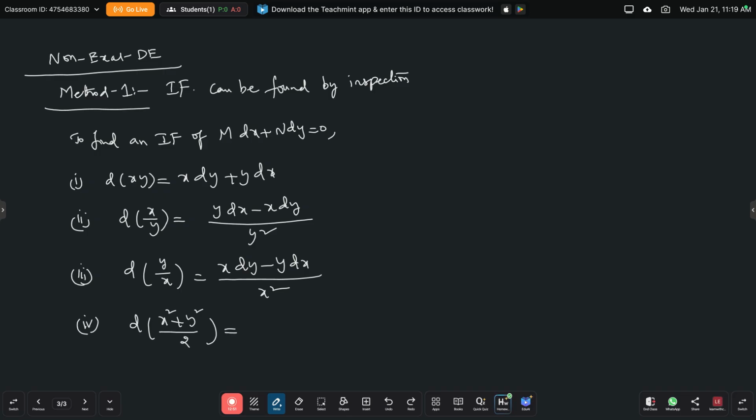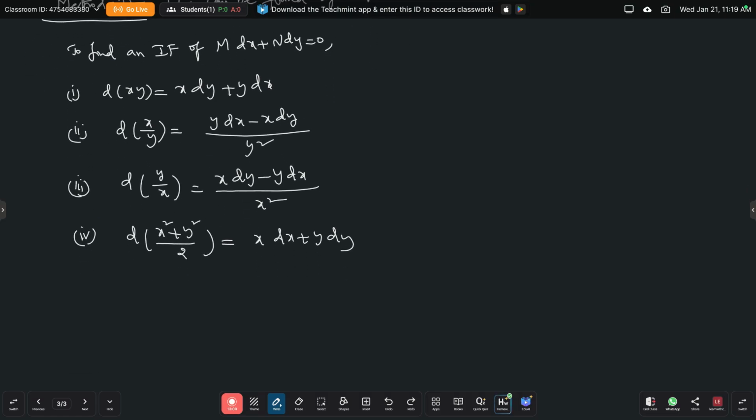If you want to calculate the left hand side, when you observe, x square derivative is 2x, y square derivative is 2y. Yes or no? So 2 and 2 will get cancelled. So if this is the term that exists in the given differential equation, that is x dx plus y dy, then what is the exact differential form for this? d of x square plus y square by 2.